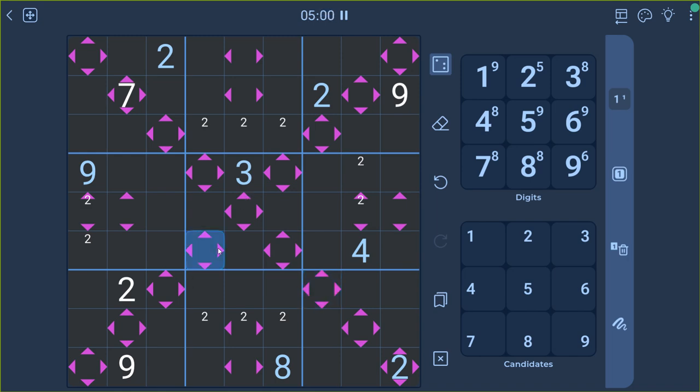This one's asking, where's the 4? It's in column number 8. In row 8. Now this is actually in row 6. Therefore this is a 6.